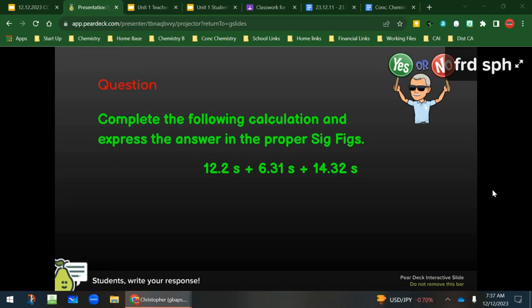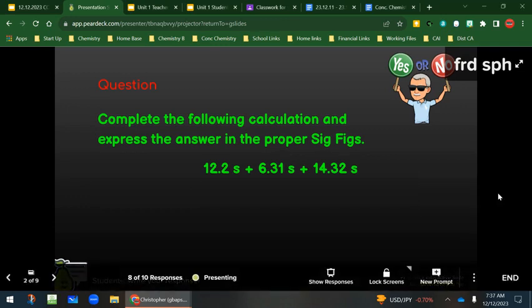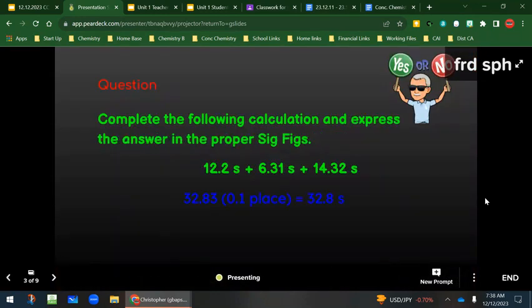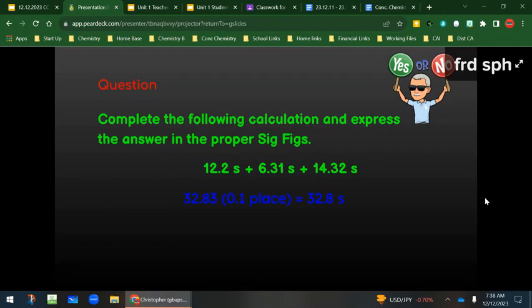So that 12.2, ladies and gentlemen, is going to limit our sig figs. Our sig figs have to be in the tenths place because that's what that number is. So when we do this math, ladies and gentlemen, okay, we get 32.83, but we need to round it to the tenths place, so that becomes 32.8. Questions?